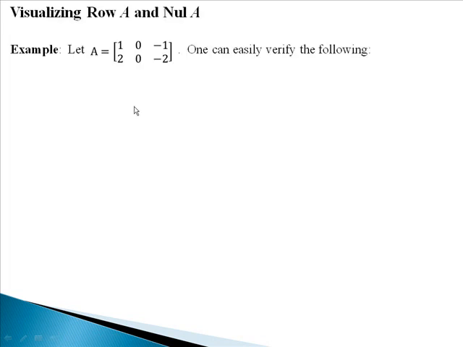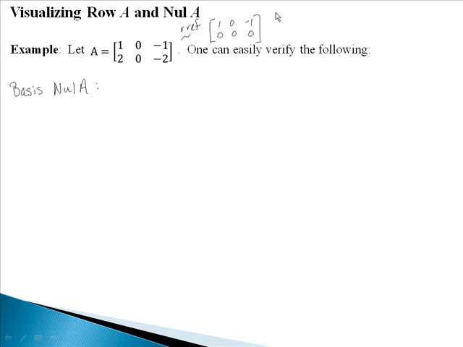In this example, we're given a matrix A, so one can easily verify the following. First, we want to find a basis for the null space of A. And so to do that, we're going to row reduce our matrix A. And so when I row reduce it, I will end up with this matrix here.